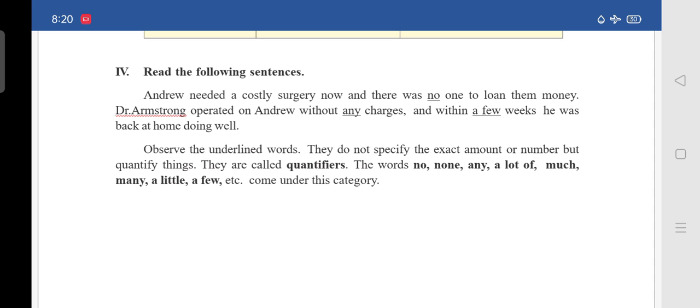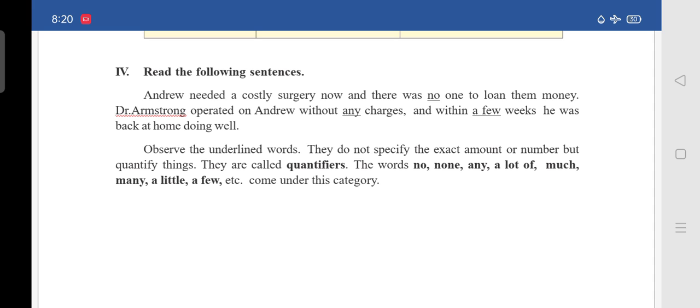So in this sentence we see some words underlined. So what are they? See, there was no one. Underlined word is no. And also here see, Andrew without any charges. Any is underlined. And another thing is, within a few weeks. Underlined word is a few.